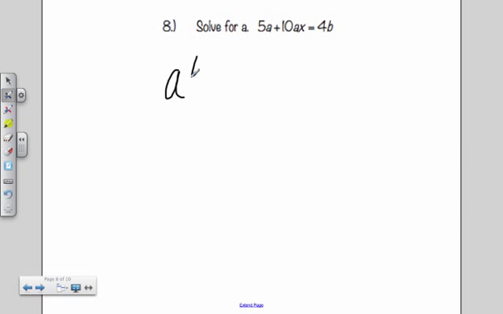I'm going to factor it out, and I end up getting 5, because 5a divided by a is 5, plus 10x, and that's equal to 4b.